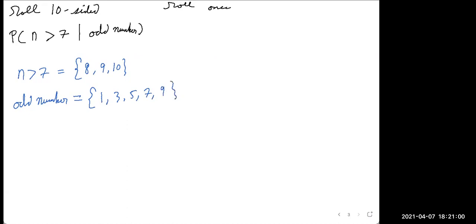So this can help everyone faced with a conditional probability. If you're confused, sometimes it helps to break things down into pieces and see what you know and what you don't know, and sometimes that's a good strategy. So we need to find the number of elements that fulfill both conditions, which are greater than 7 and odd, and we need to find the number of odds.